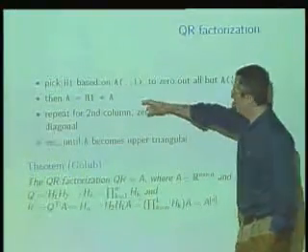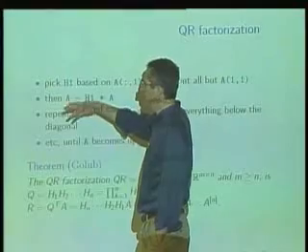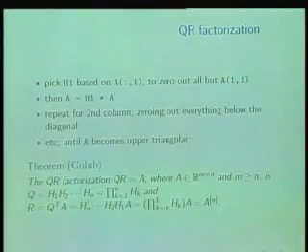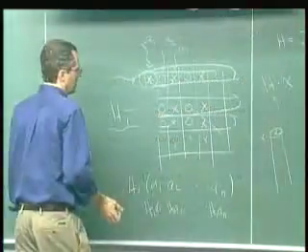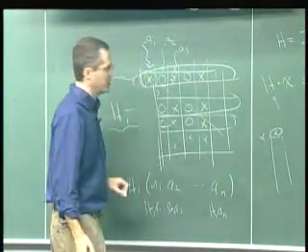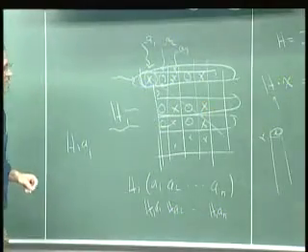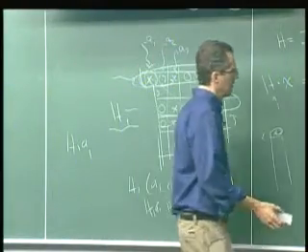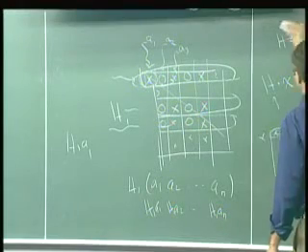Then we have a modified matrix, H1 times A, and now we've got a matrix that looks like this. All of this is 0, and we're moving towards an upper triangular matrix. Now, in the next step, we've got to be a little more careful.